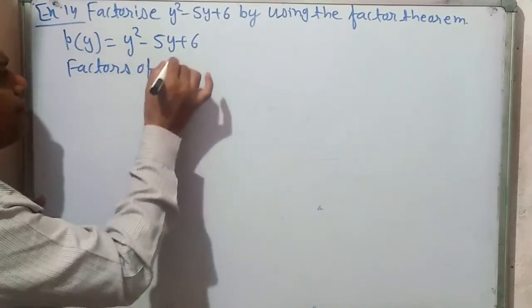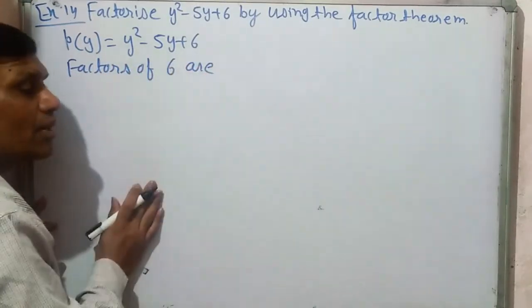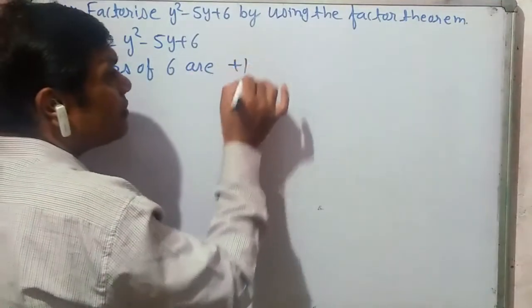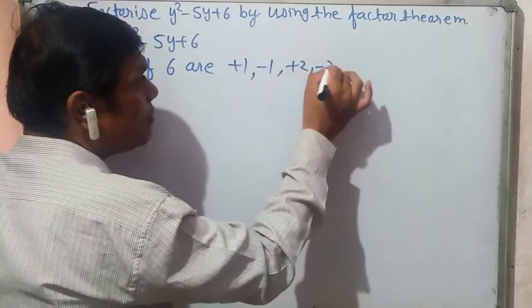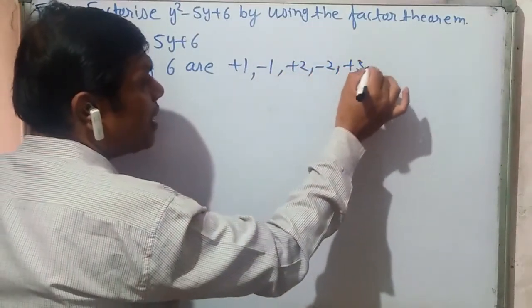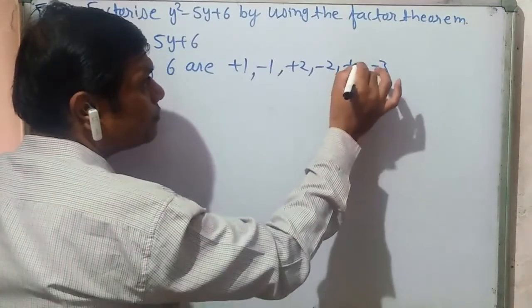Factors of 6 are: can we say it is positive 1, negative 1? Yes. Positive 2, negative 2, positive 3 and negative 3.